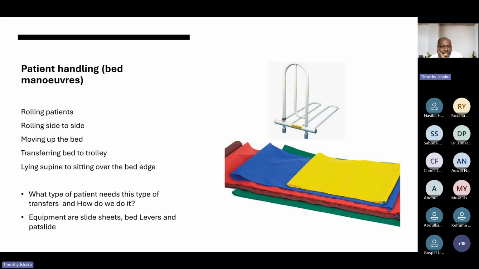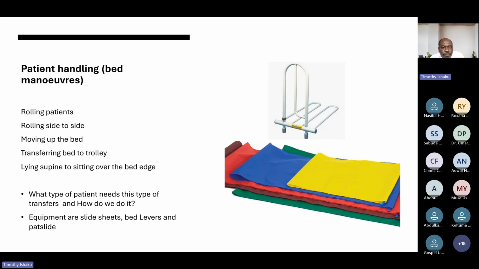But when using the slide sheets, one of the risk factors that we need to be aware of is that whenever you put it under the patient, because it's very, very slippery, you do not want to leave it there. You need to be mindful, because if you leave the patient, it might slide the patient off the bed, and instead of helping the patient, it can cause injury.